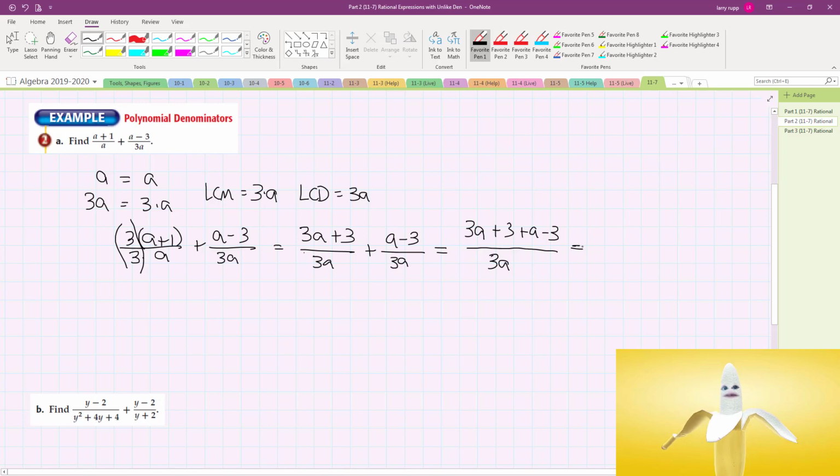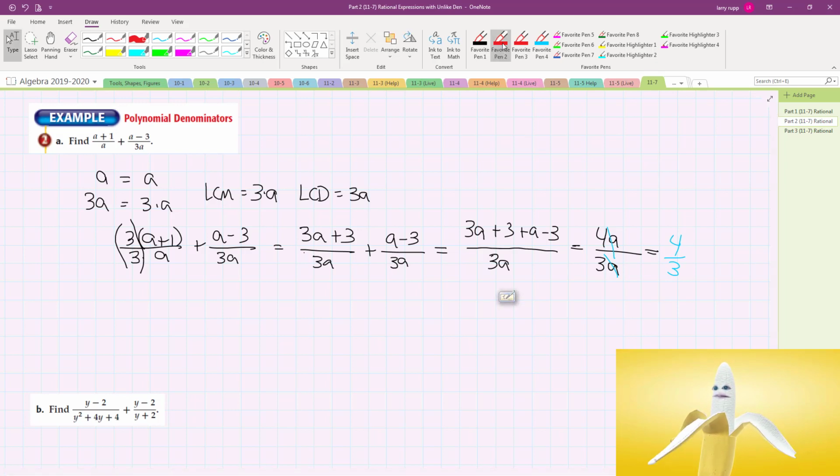Now we combine like terms and simplify. 3a plus a gives you 4a, and plus 3 minus 3 gives you 0. So it's 4a over 3a. Well, that's bizarre. How about we get rid of the a's then? Because we can cancel. Just like that. And we're left with 4/3.